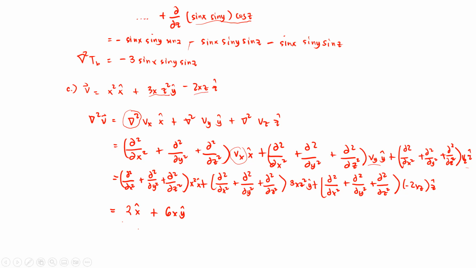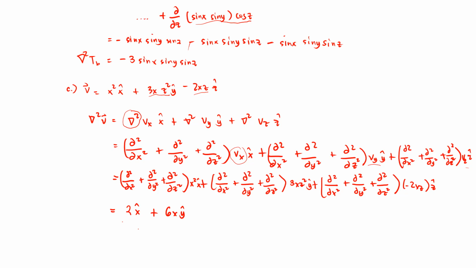So let us then get the second partial derivatives of this. Okay, so we start with the x component. So you have the second partial derivative of x squared with respect to x. So its first partial derivative with respect to x is 2x, and differentiating this again, we will get 2.